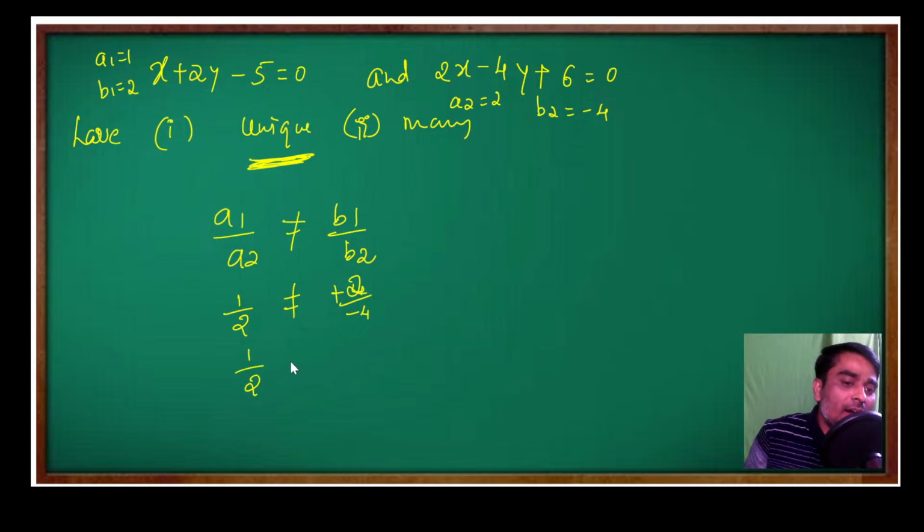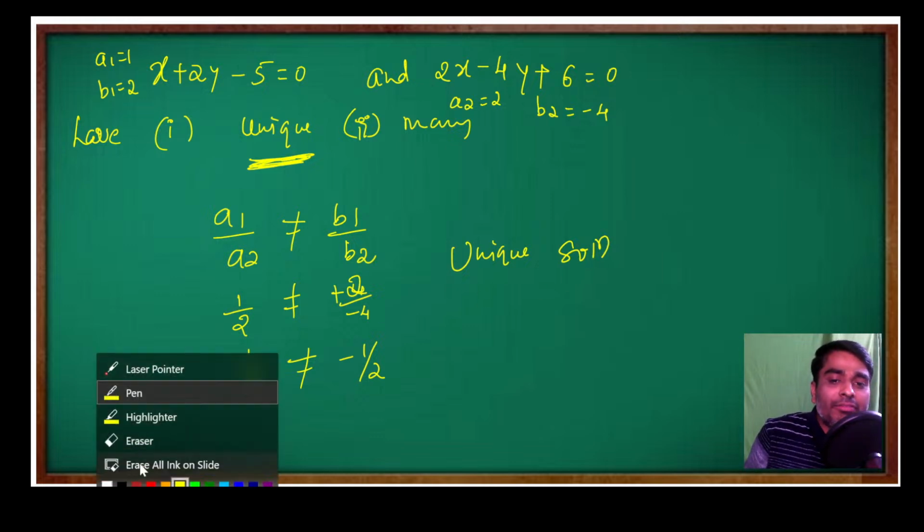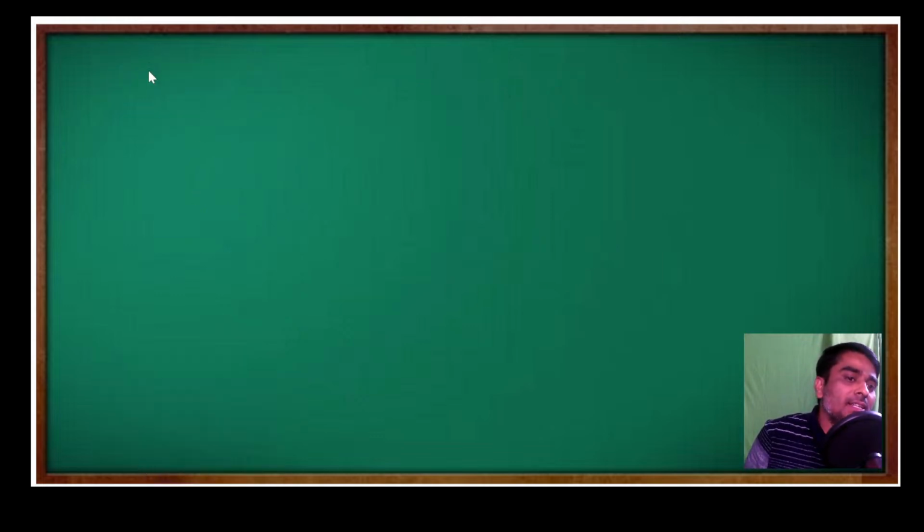Here I am getting half and here I am getting minus half, which means not equal, therefore a unique solution. One question will definitely come from consistency, these three conditions. One question for sure, no doubt. This is a very important topic.